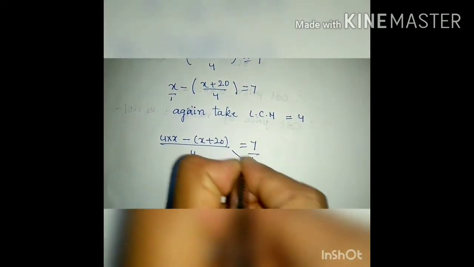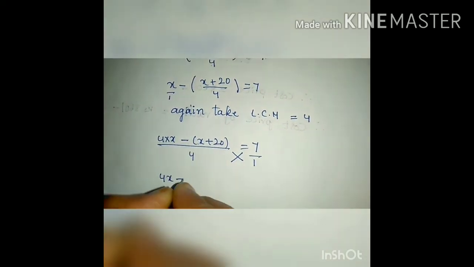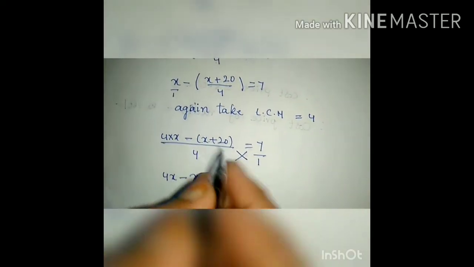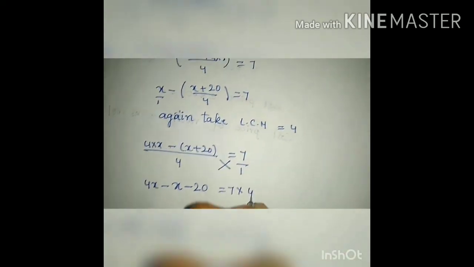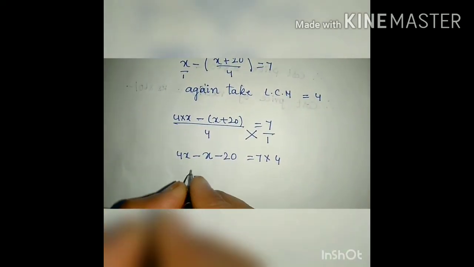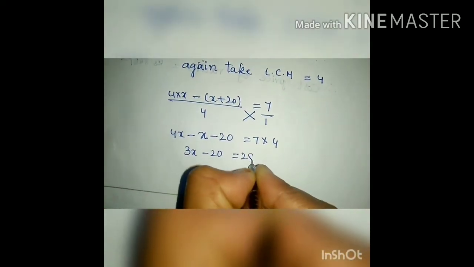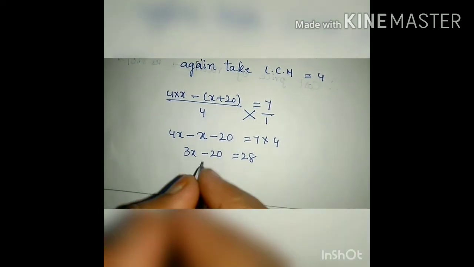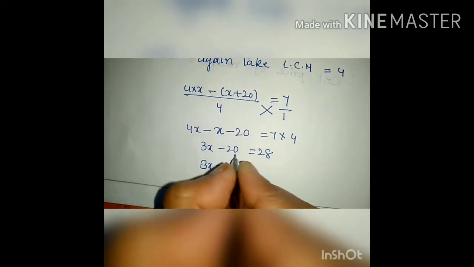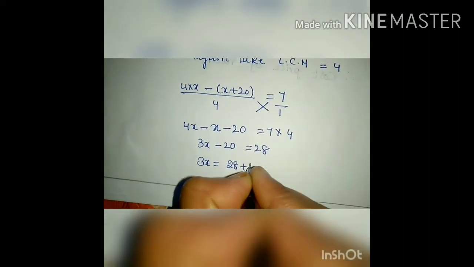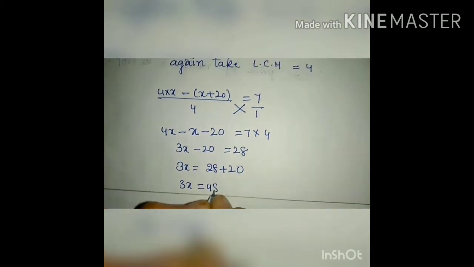Do the cross multiplication. 4x minus x plus 20 is equal to 7 into 4. 4x minus x is 3x plus 20 equal to 28. 4 sevens are 28. 3x equal to 28 minus 20. 3x equal to 48.